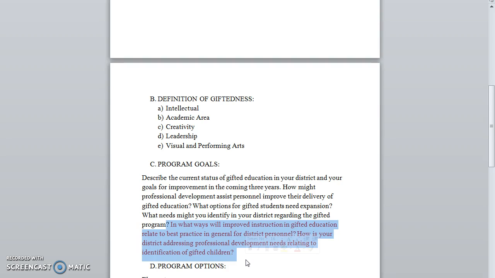These are good practices for all education personnel in your district, and they can relate to actually finding and identifying some students in the classroom who are gifted. And then, how are you also addressing professional development needs relating to identification? These are the two questions around which our new funding revolves, so I thought that they should be included in your program goals.